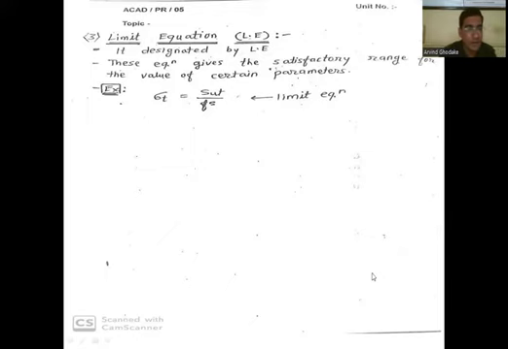For example, circumferential or tangential stress sigma T allowable equals SUT upon FS, where SUT is the ultimate tensile stress and FS is the factor of safety. So this equation is called a limit equation in optimum design.